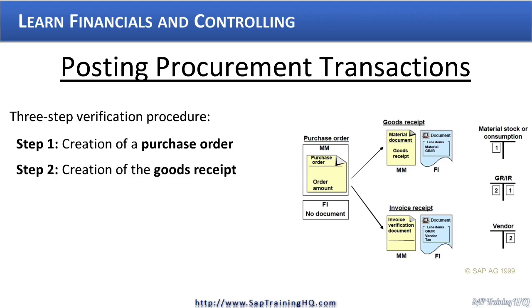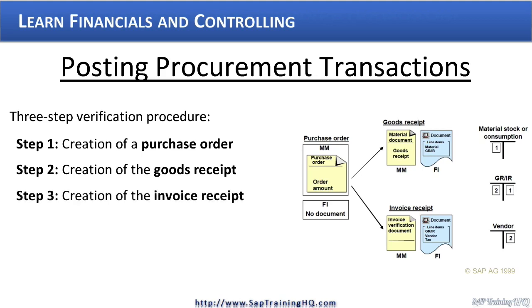Step 2 involves the creation of the goods receipt. To update the inventory, a materials document is created in Materials Management. Simultaneously, a document is created in financial accounting, in which the value of the goods is posted to the materials account, a debit, and the goods receipt invoice receipt account, a credit, in the general ledger.